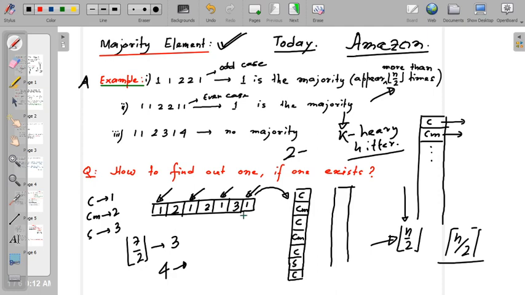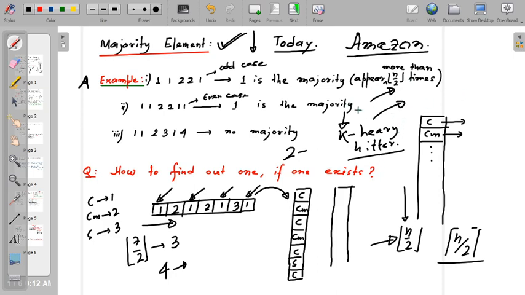And the thing is how to proceed. The algorithm for one majority element may not be good for this general K heavy hitter problem. So the K heavy hitter is actually the modern day application of a data science problem.